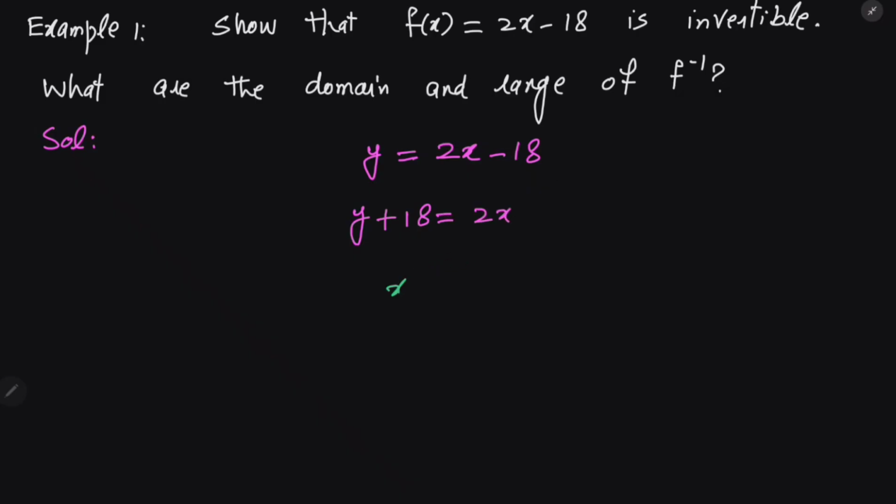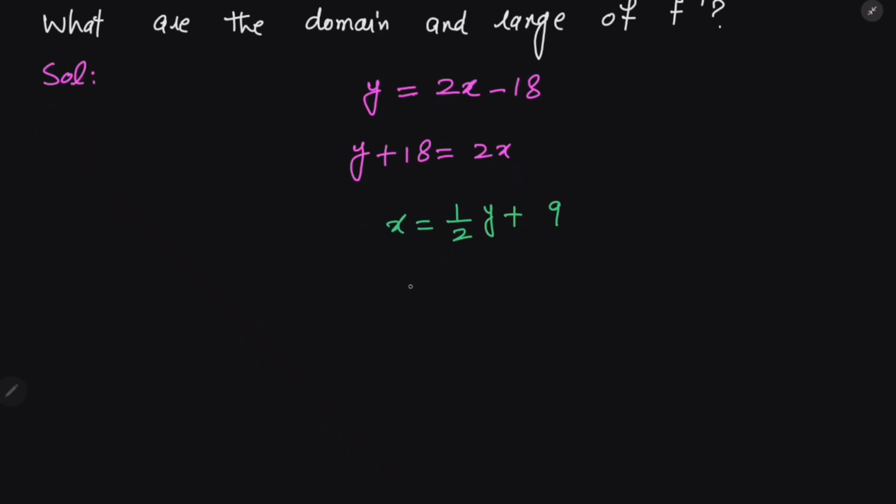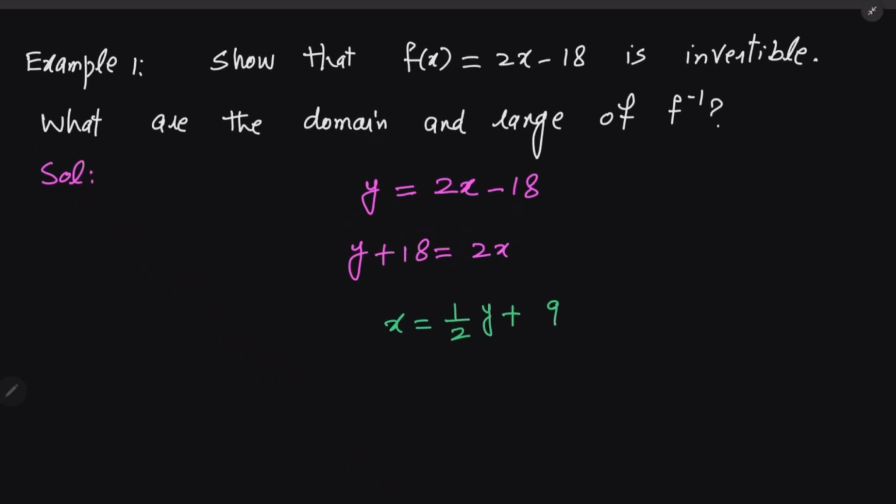Then we have x is equal to 1 over 2 y plus 18 over 2, which becomes 9. So this is our inverse function. Since y is equal to f of x, then x is equal to f inverse of y. So x will be equal to f inverse of y, which is 1 over 2 y plus 9, right?